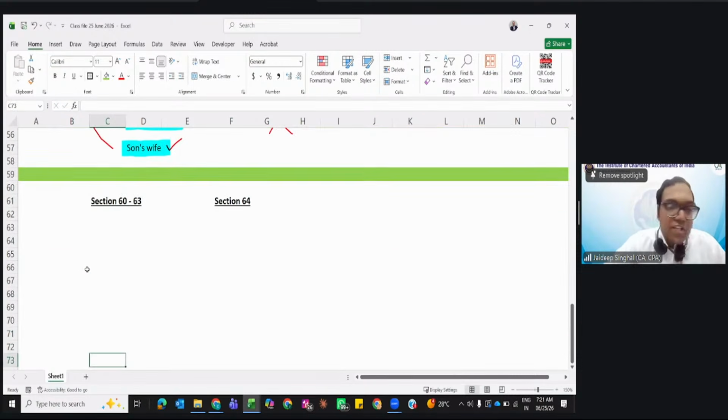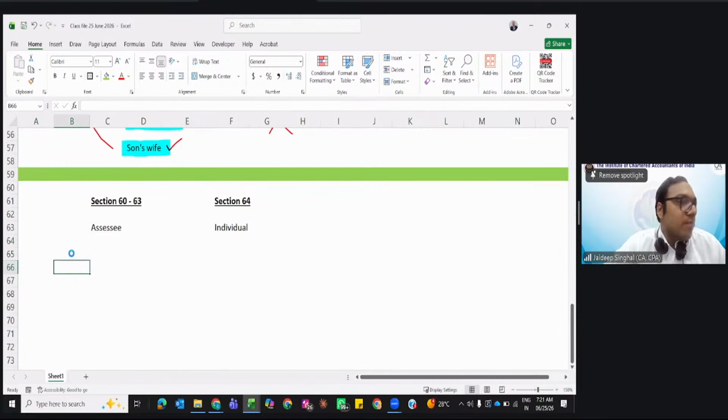Sections 60 to 63 are applicable on all the assessees, whether company or individual. Section 64 is only applicable to the individual. We will see these sections in detail, and this analysis we will also do at the end. It is in the book as well.